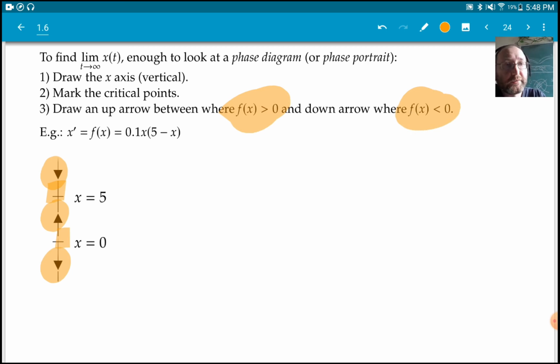So, for example, when x is between 0 and 5, f is positive, so I put an up arrow. When x is bigger than 5, then f is negative, so I put a down arrow. When x is negative, then f is negative, and I put a down arrow.